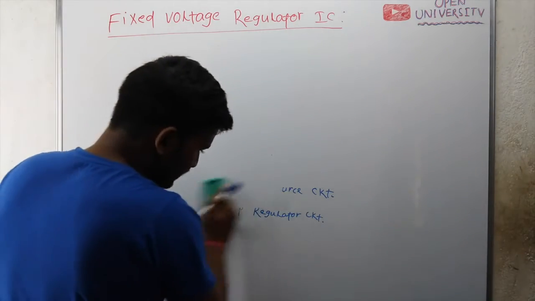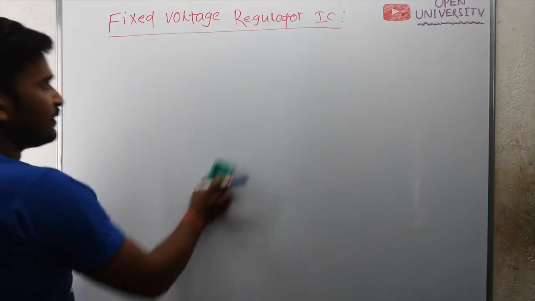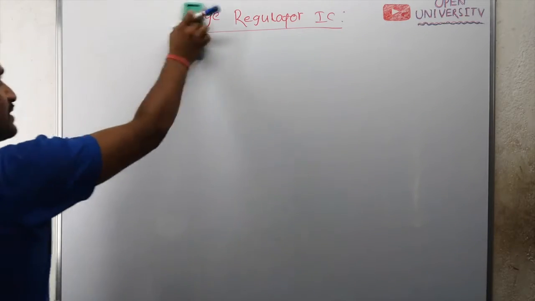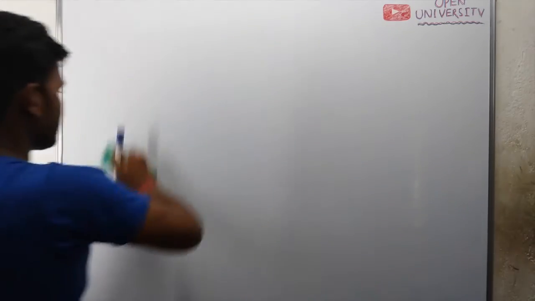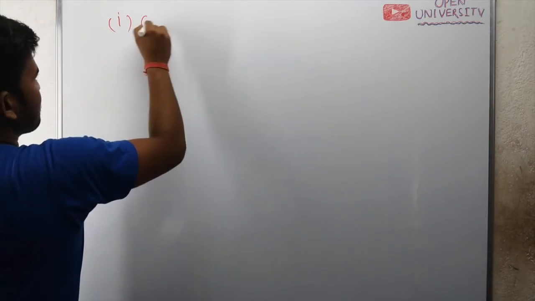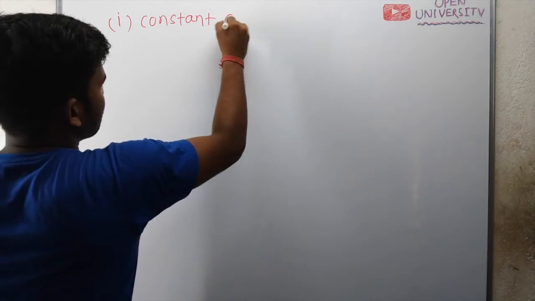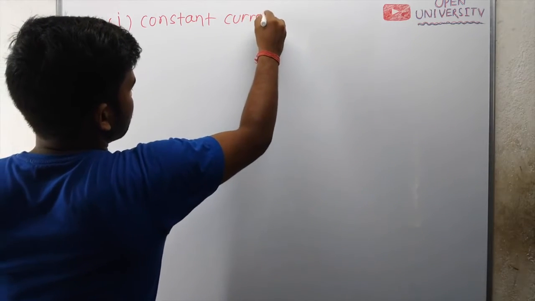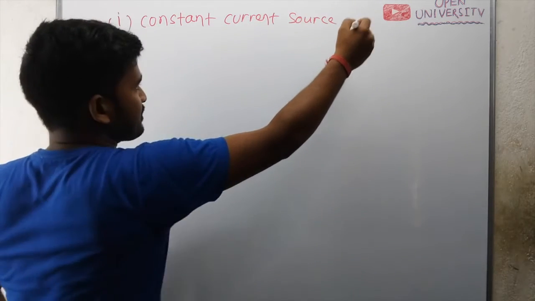Write down the first application of these ICs, that is constant current source circuit.